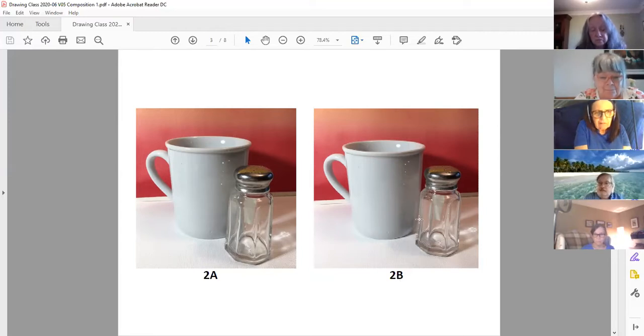On 2B here, the salt shaker is right next to the mug. They're like kissing right here.